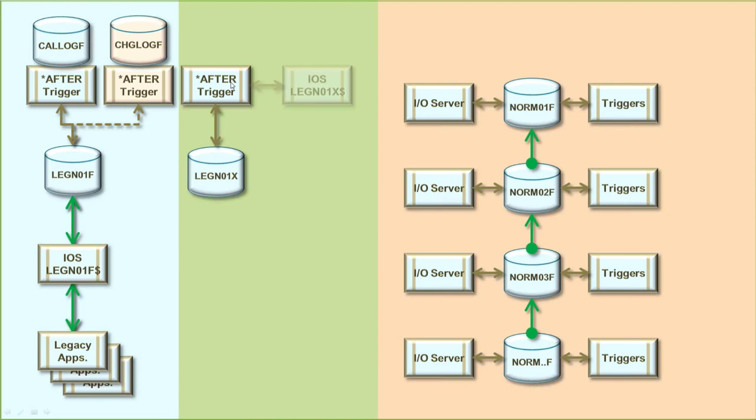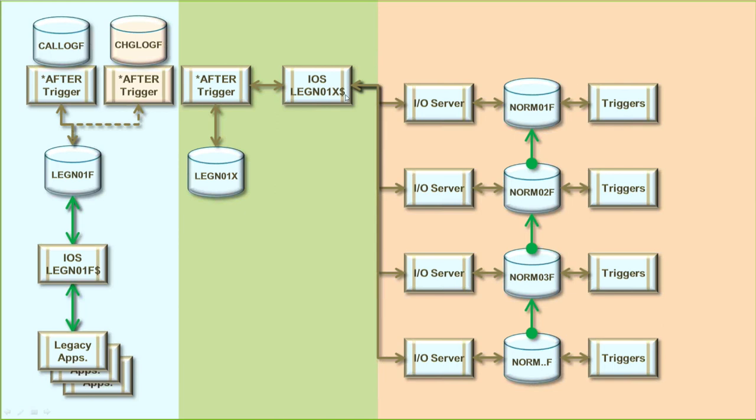We create an IO server, which is a very special style of IO server, called by the after trigger, and it is passed the after image of the record that was inserted, updated, or deleted from this number 1X. And this IO server takes that huge record, that monster NO1 record, and it separates it and calls the IO server for each of the normalized records, each of the normalized files.